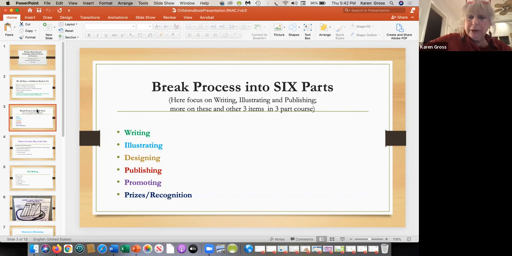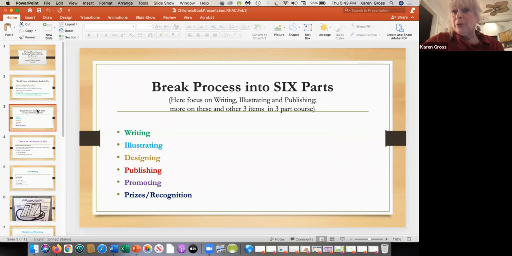And then there's the publishing, and there are a variety of options and opportunities and challenges in the context of publishing. But even once a book is published, there's a whole set of questions around promotion of a book and how a book gets known and how a book gets sold. And while one may not care about that and may just want the book for one's own family or one's own community, if you want your books to be widely read and placed in libraries and used in classrooms, then promotion becomes a big piece of this as well.